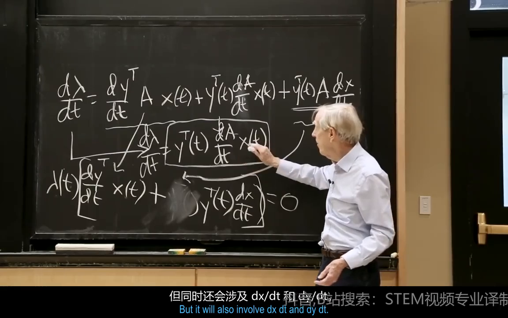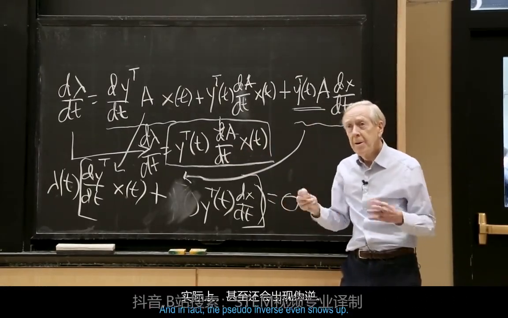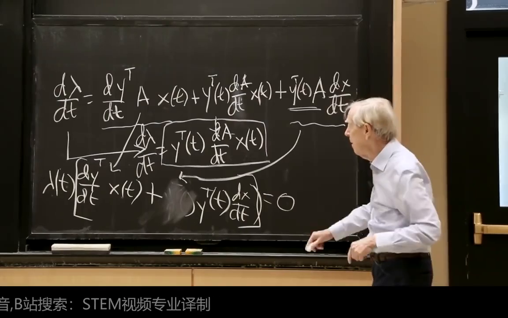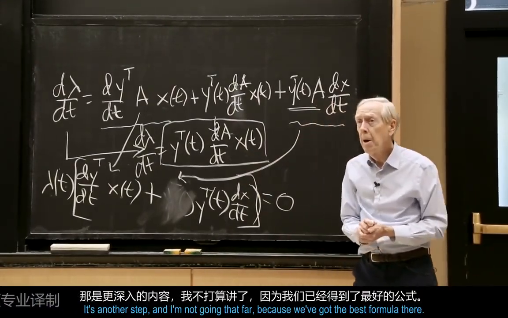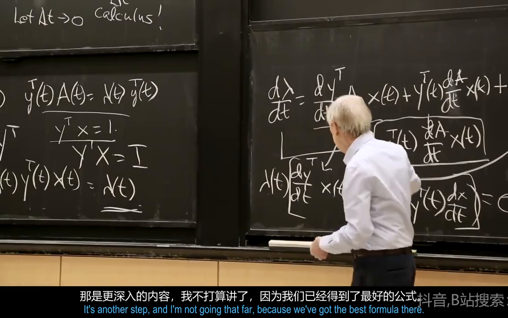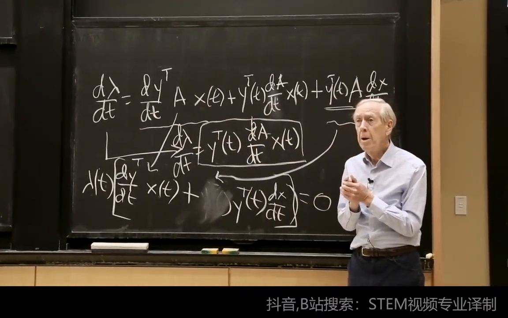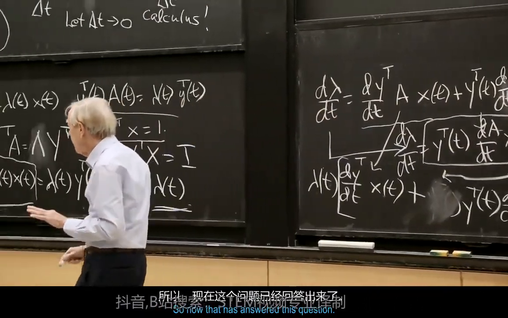But it will also involve dx dt and dy dt, and in fact, the pseudo-inverse even shows up. It's another step, and I'm not going that far because we've got the best formula there. Okay. So now that has answered this question.